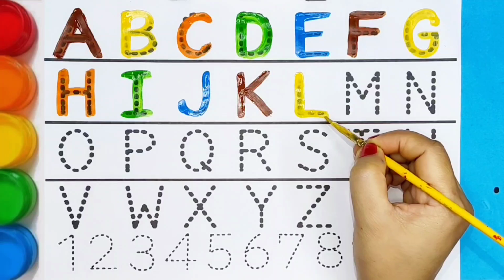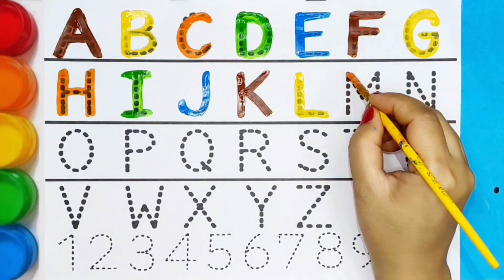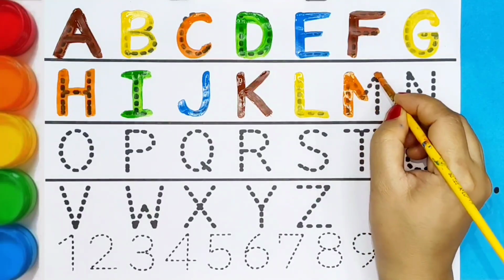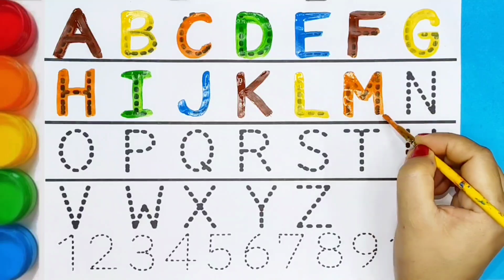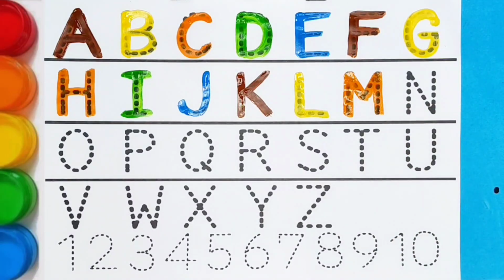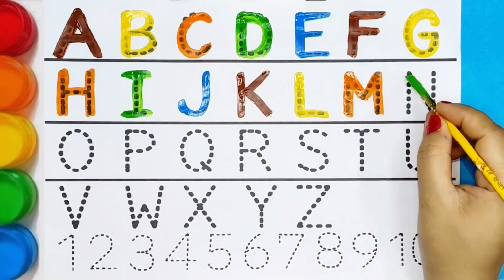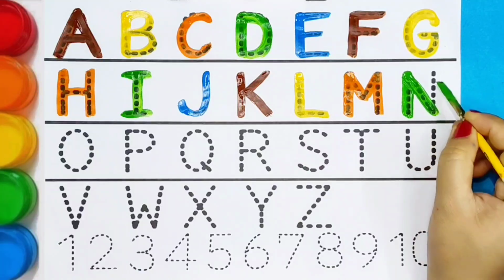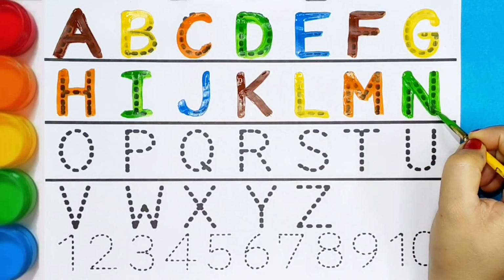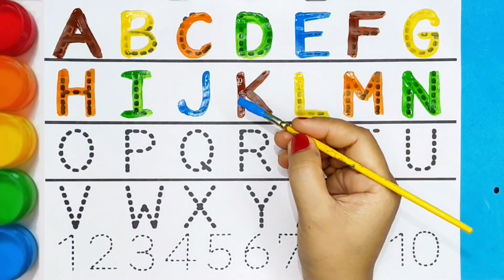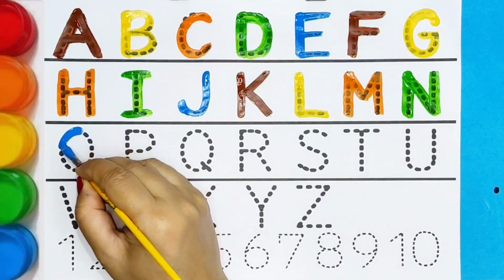L for lemon, orange color. M for monkey, light green color. N for nest, sky blue color.